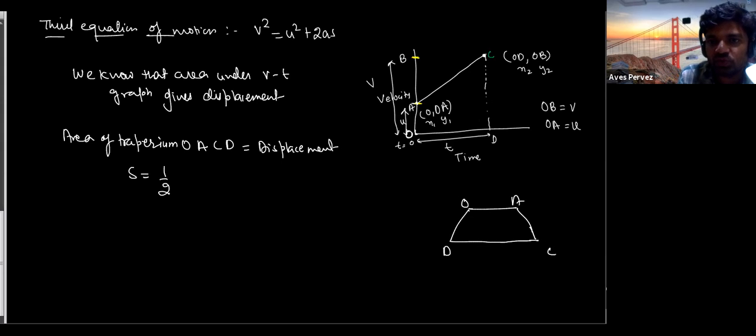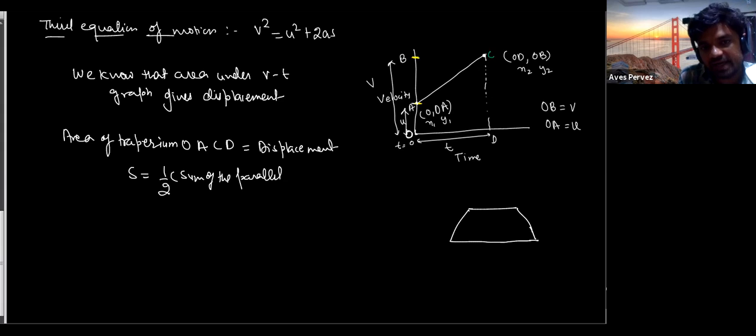So the area of the trapezium is simply the sum of the parallel sides into the perpendicular distance between them.